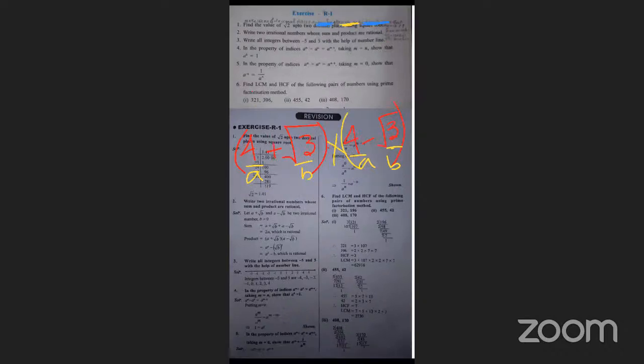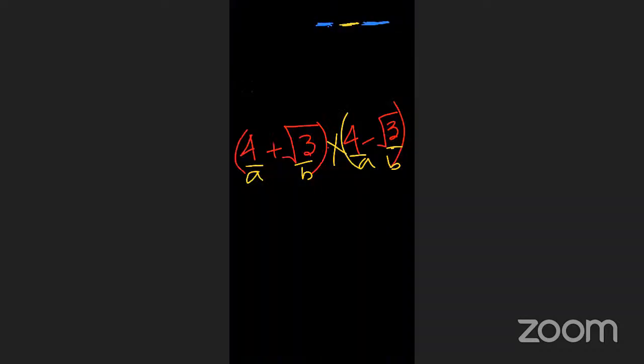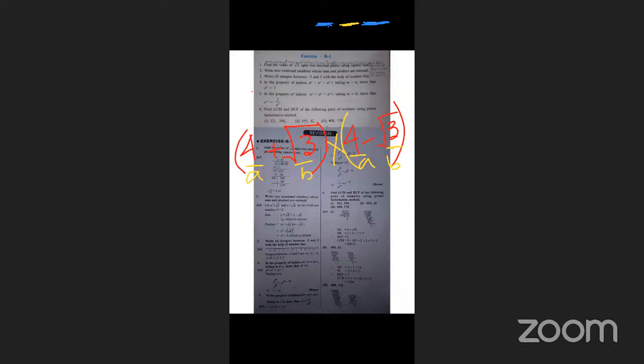It is A plus B, and it is A minus B. So the formula of A plus B into A minus B was what? Fatiha Sultana, quickly you tell. A plus B into A minus B, formula was what? A square minus B square. Very good. Formula was A square minus B square.